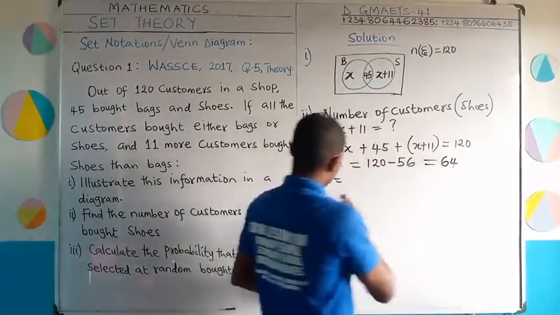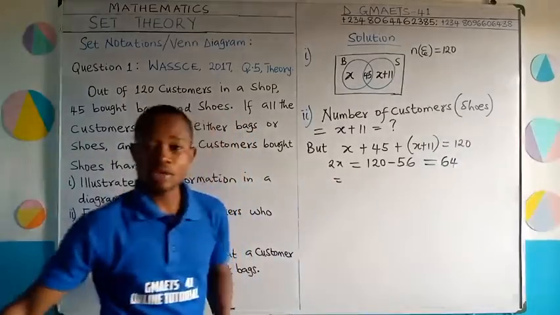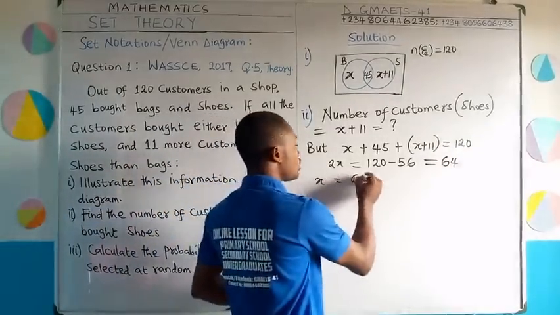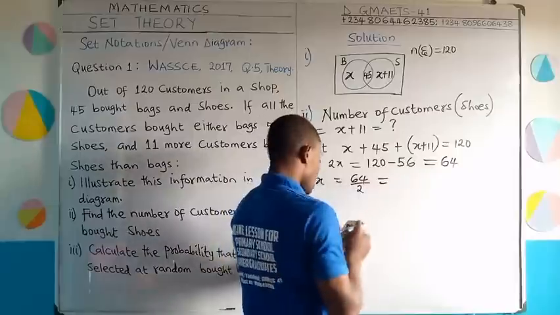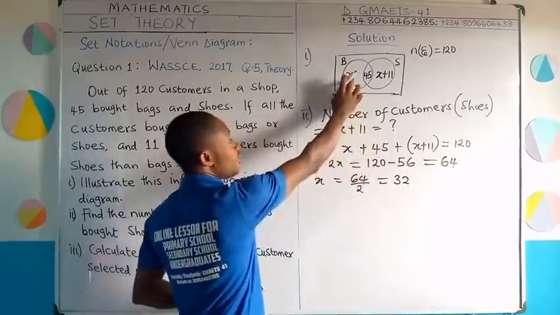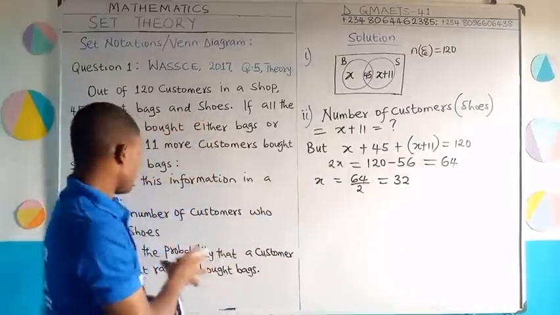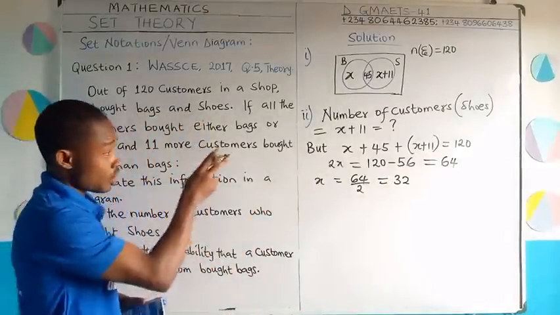So what will now be the value of our X? I'll divide both sides by 2 to get my X. So X is equal to 64 over 2, which is equal to 32. So you see, the number of customers who bought bags only is 32. But anyway, the question didn't ask me to find that, so focus on what we are looking for.